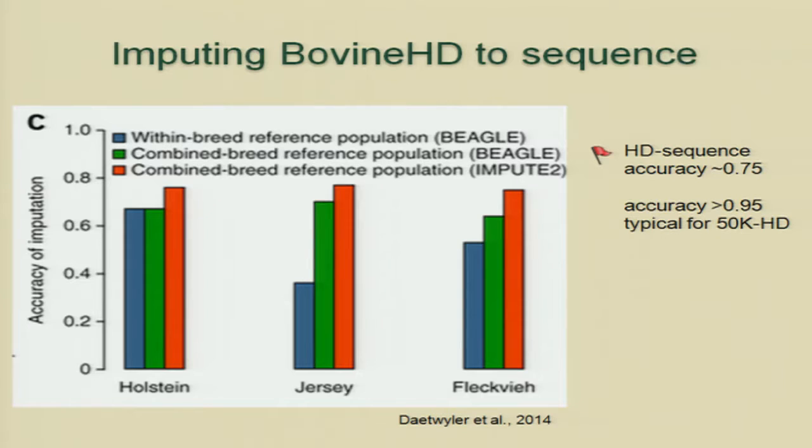And most of what we see for imputing from 50K to high density is well over 90%. Generally, some groups report 98, some 99, some 97, and they're all up there. And so why is this so much lower?